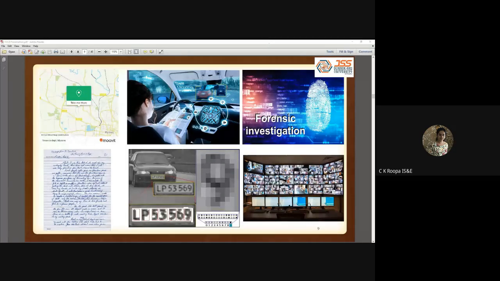Forensic investigation: there are many applications that you can find, especially in forensic applications, and you can think of working in this direction.